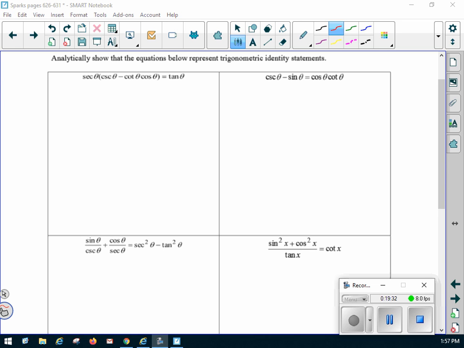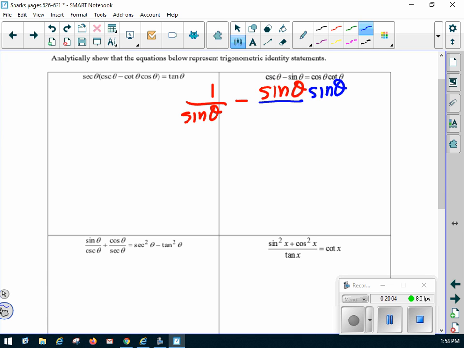Which side do you want to start with, left or right? Subtraction and addition is always more complicated than multiplication. So let's start with the left. Start with the more complicated side. Cosecant is 1 over sine, so multiply top and bottom by sine theta.